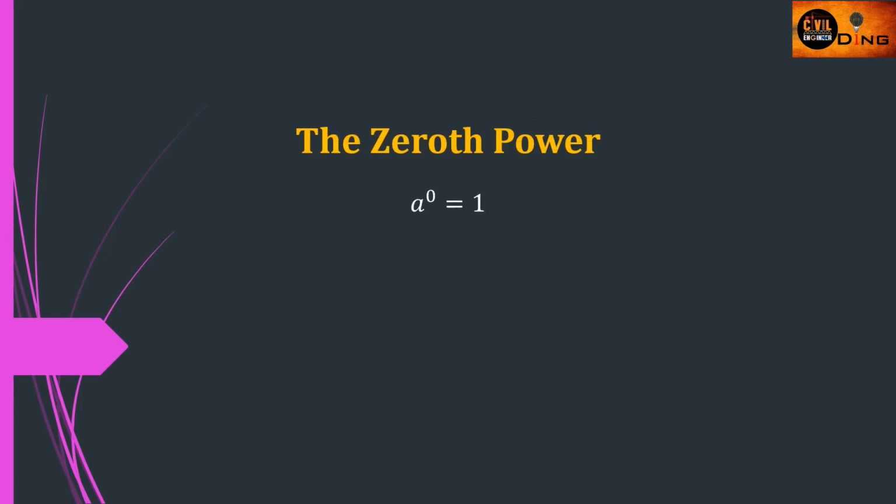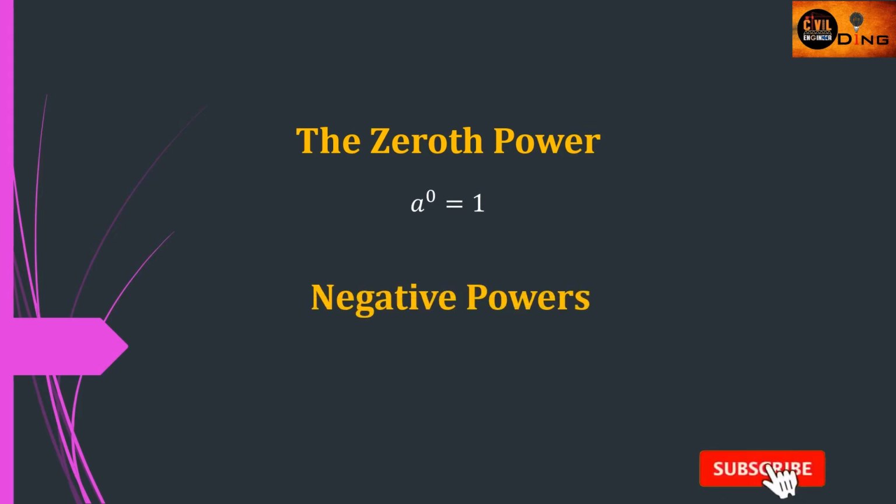Any number raised to a zero power is always equals to 1. Kahit anong numero ang i-raise natin sa zero power is equals to 1 palagi. Negative powers. A raised to negative n is equals to 1 over a raised to n.